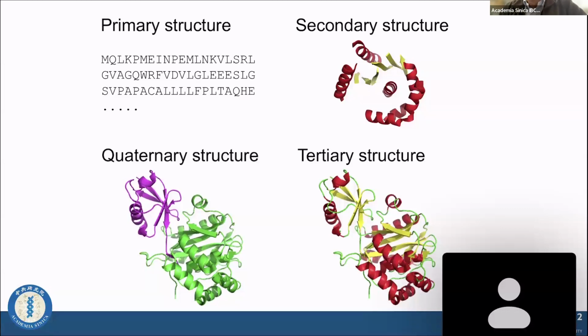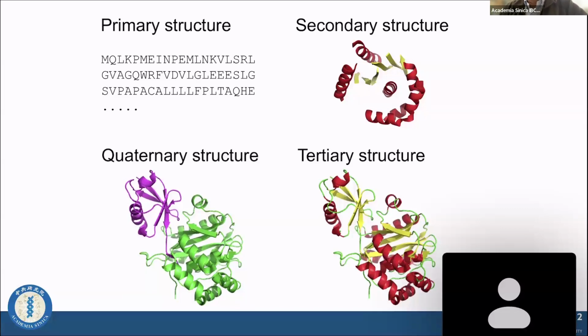The combinations of these polypeptide chains can fold into helical structures, or, as I highlighted in yellow on the upper right corner, beta strand-like structures. These are called the secondary structure. You can connect these secondary structures sequentially, and that will fold into a tertiary structure.